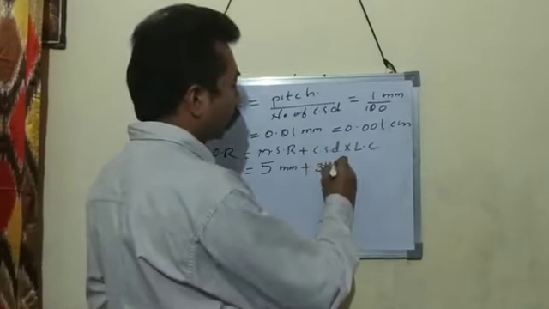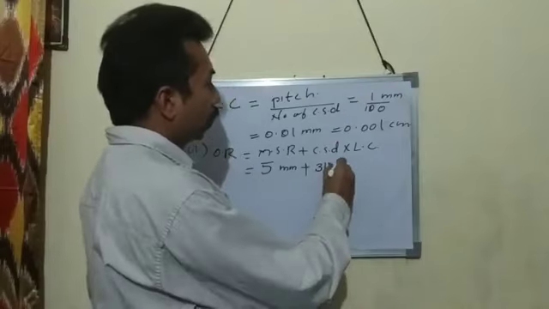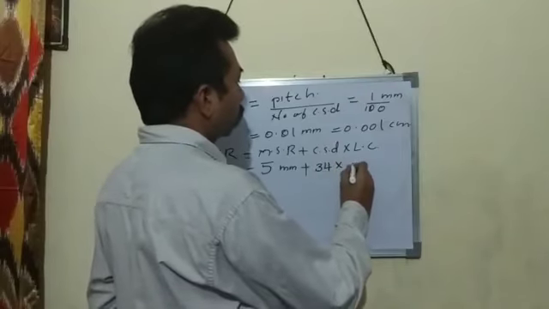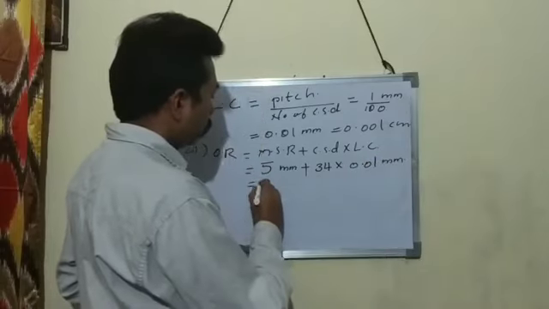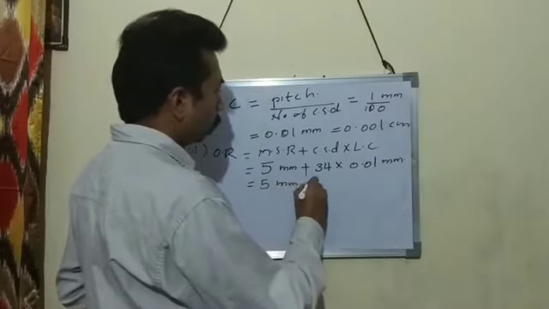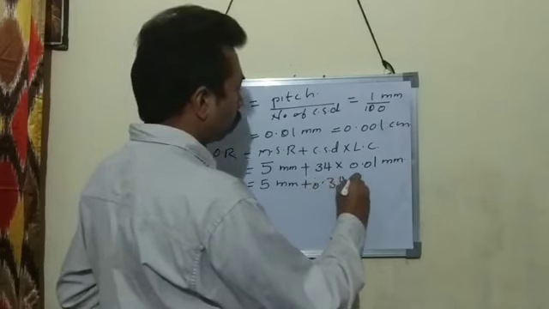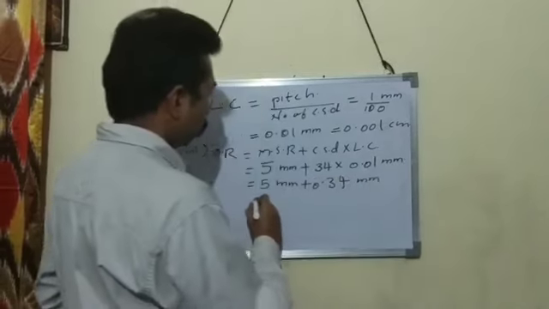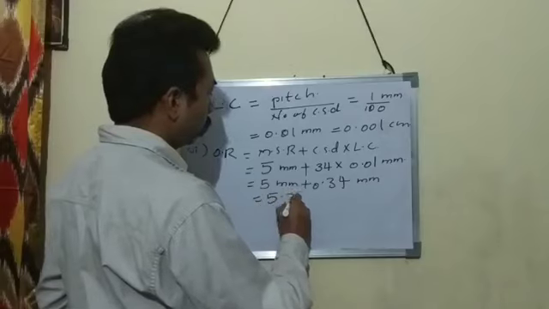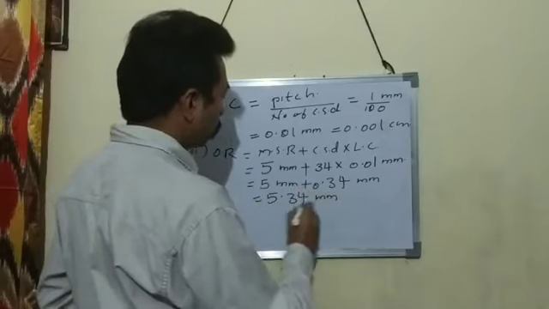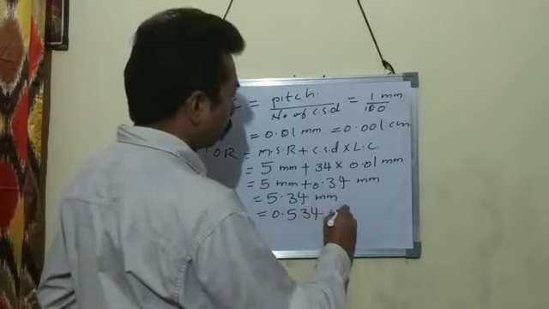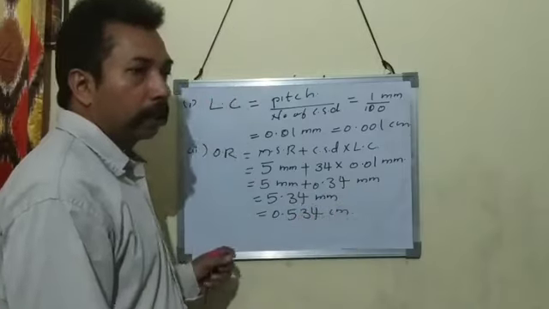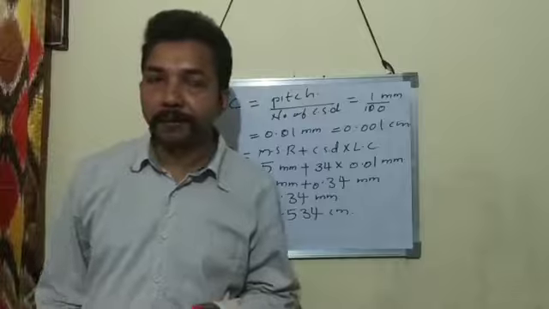So 34 into 0.01 millimeter. So 5 millimeter plus 0.34 millimeter is equal to 5.34 millimeter, or 0.534 centimeter. This is the diameter of the wire.